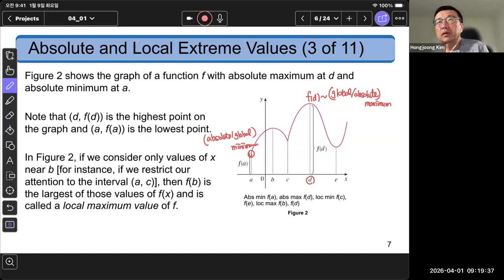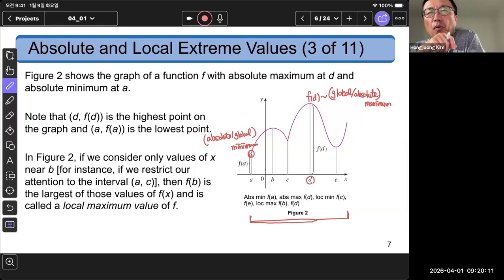If the interval from a to this point is the domain of the function, then f of d is the global maximum and f of a is the global minimum, or absolute maximum and absolute minimum.